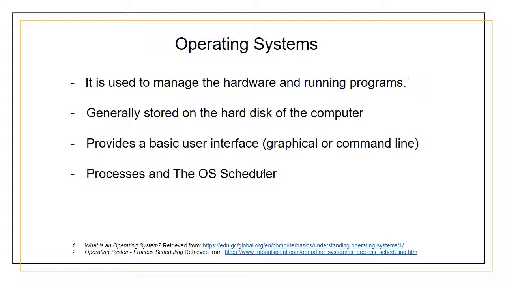So the overall job of the operating system is to manage the hardware and to run programs, which in OS terms are also referred to as processes. In order to manage the hardware, the OS interfaces through a series of system calls to the hardware itself.